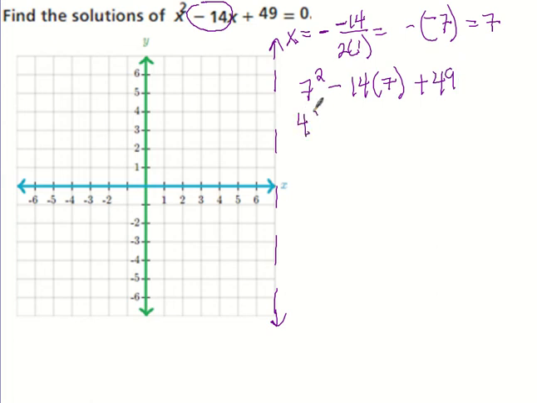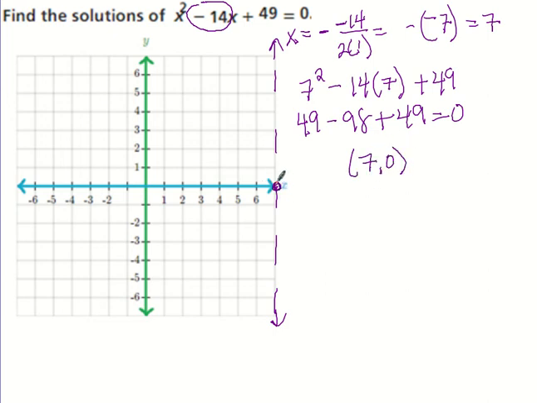So we get 49 minus whatever 14 times 7 is, it's 98, plus 49. And if I do 49 minus 98 plus 49, guess what I get? 0. So my vertex is at 7, 0.